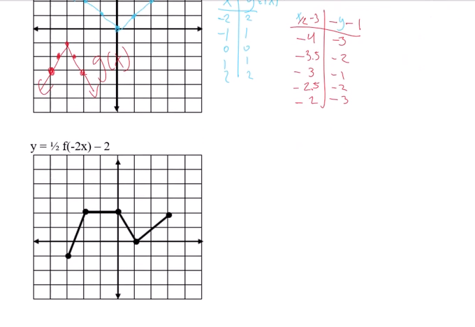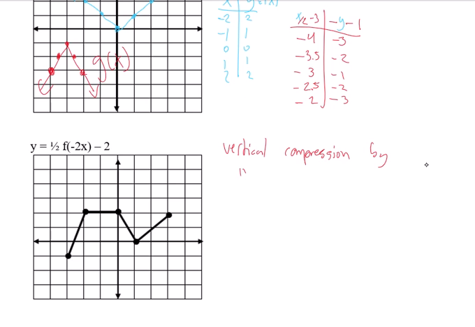Now let's look at our second example here. In this case, we already have a graph. And we have the transformations acting on said graph. Our function is 1/2 f of negative 2 of x minus 2. So let's state these transformations here. It looks like we have a vertical compression by a factor of 2, let's say by 2.